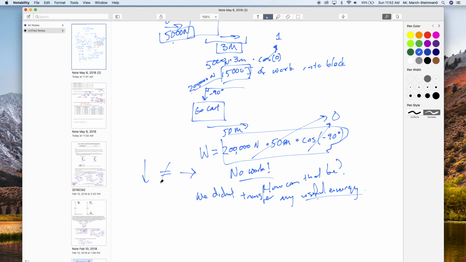The force we applied was downward, completely isolated from a directional perspective, from the direction of movement. And because they're not related to each other in any way, one didn't influence the other, we didn't transfer energy in the form of kinetic energy. We didn't transfer potential energy. We didn't do any of that stuff. Maybe we produced heat, but we're not tracking that right now. And so because of that, at an angle of 90 degrees, we did no work.